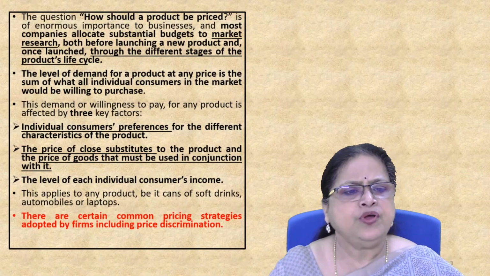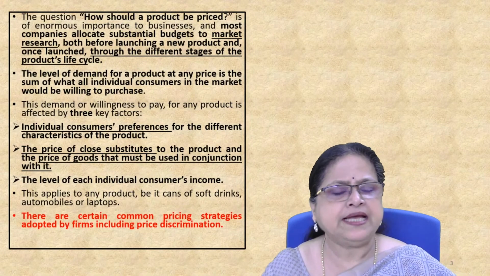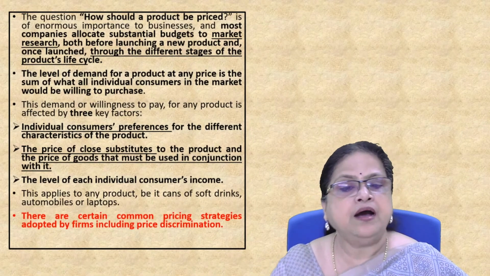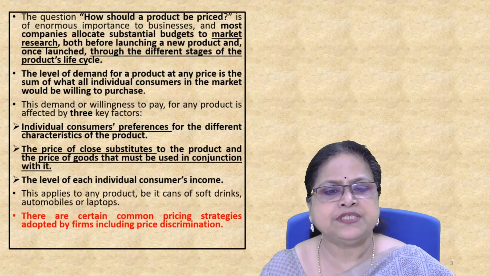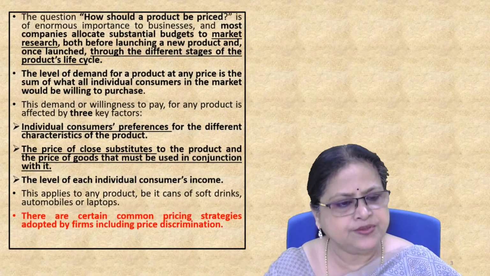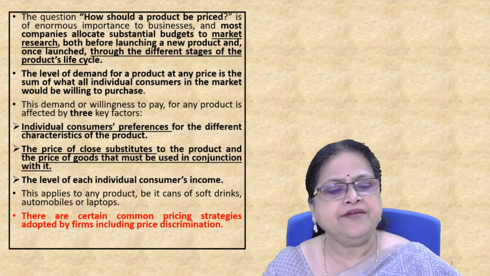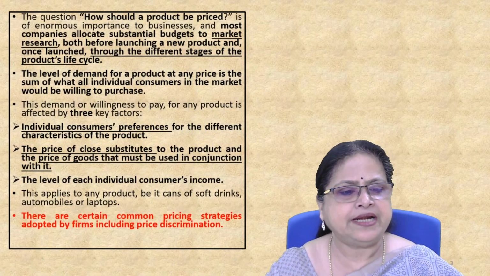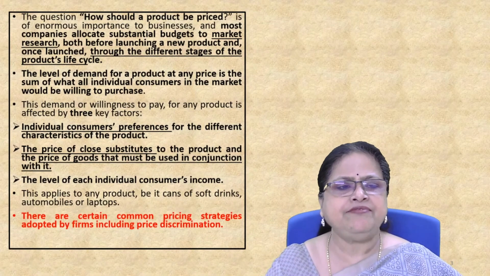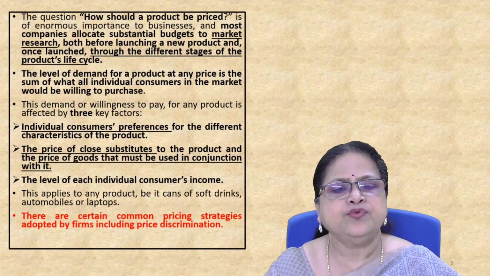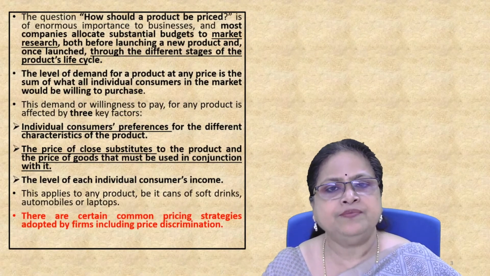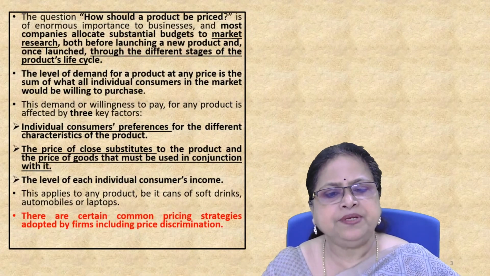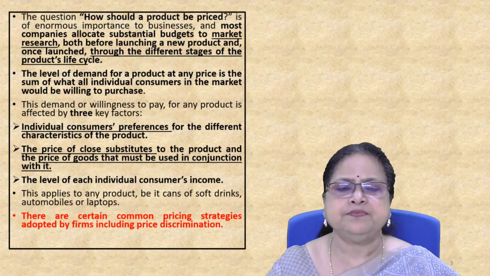So the second factor is the price of close substitutes and of goods used in conjunction with the product. Then the level of each individual consumer's income is another factor. These three are the key factors on the basis of which the consumers' willingness to pay is decided. This applies to any product, be it soft drinks, automobiles, or laptops.